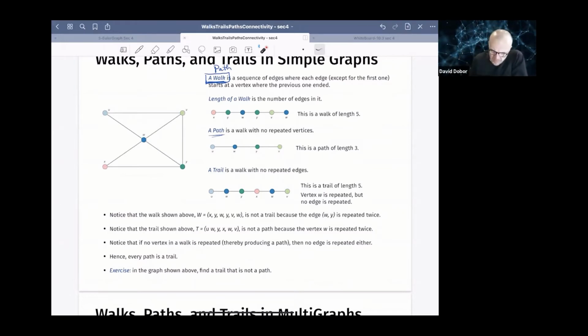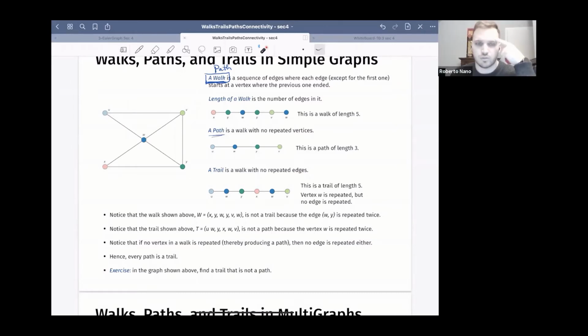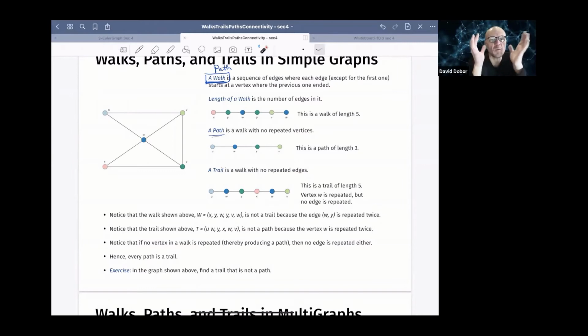So you're covering the edge at most once. Is it possible for you to pass through the vertex more than once? We just had an example of this. Is it possible? Yes. Can you repeat the question? Yeah. So here's what I want to claim: that every path is a trail, but not conversely.